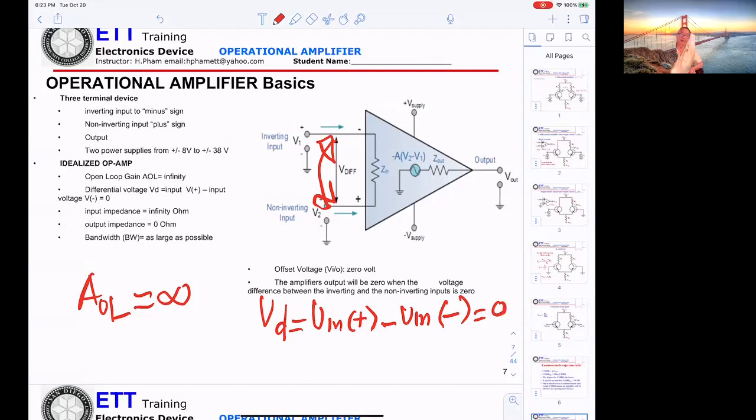VD equals V in positive minus V in negative. That will be telling you V in positive equals V in negative. The thing is they equal zero. So that's why most of the time you can see V in positive and V in negative will be the same.